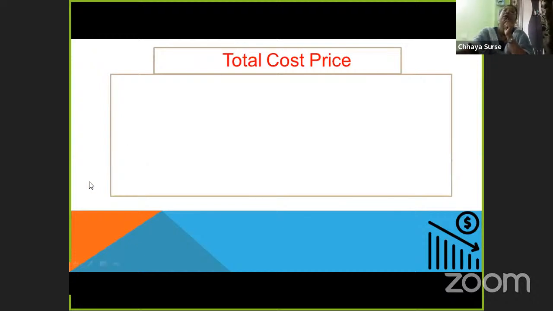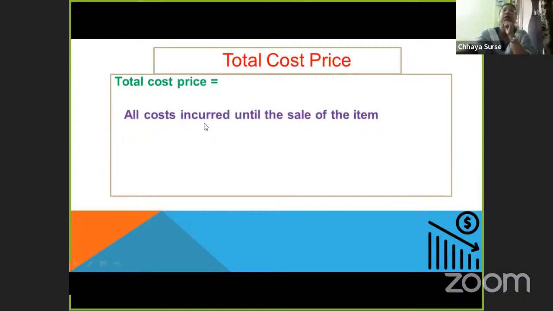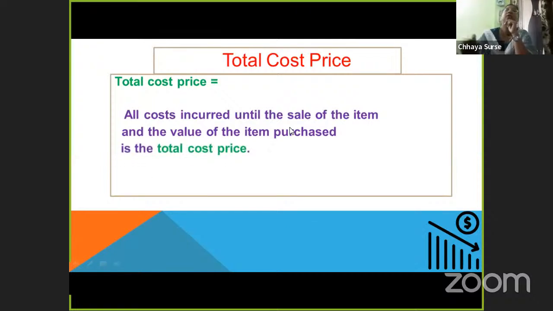Now we learned about only cost price. Now we learn what is the meaning of the total cost price. Total cost price means all cost incurred until the sale of the item, and the value of the item purchased, is the total cost price.